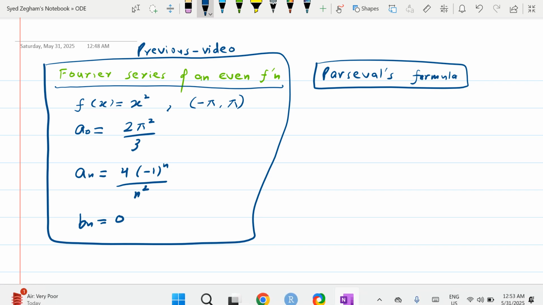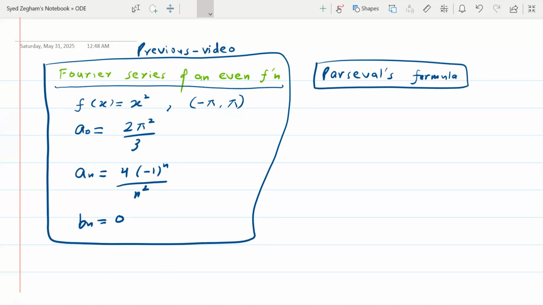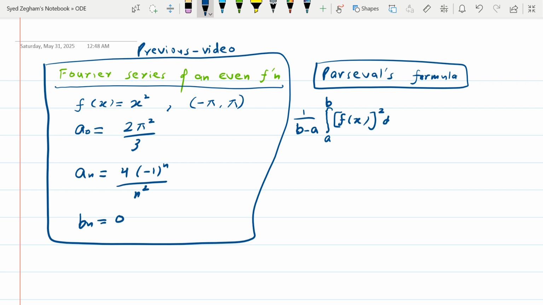So now let me write the Parseval's formula, which is 1 over b minus a, when your function is defined on the interval a, b, 1 over b minus a integral from a to b of the function f(x) whole square dx.